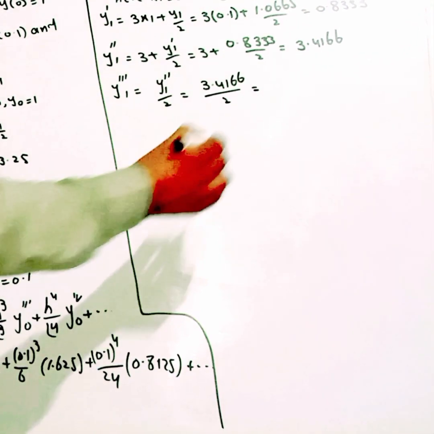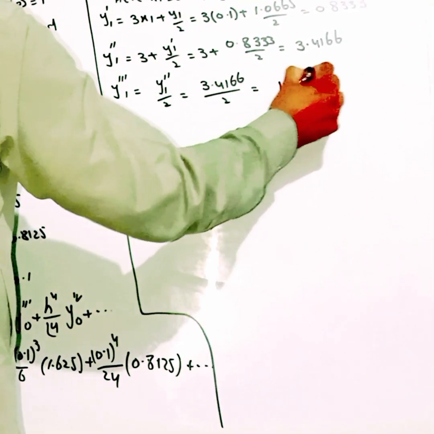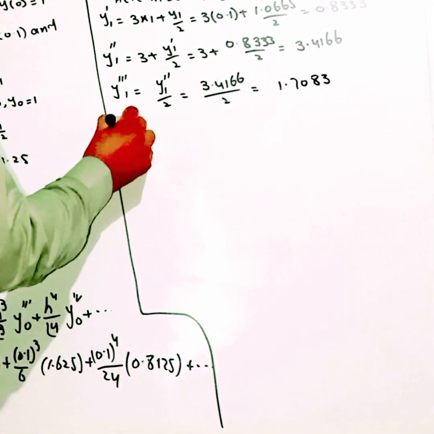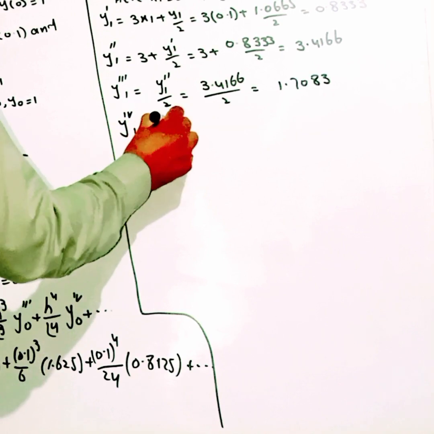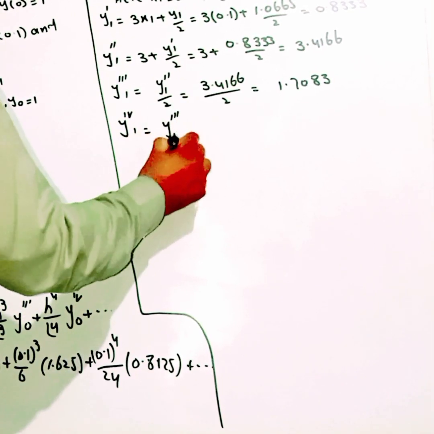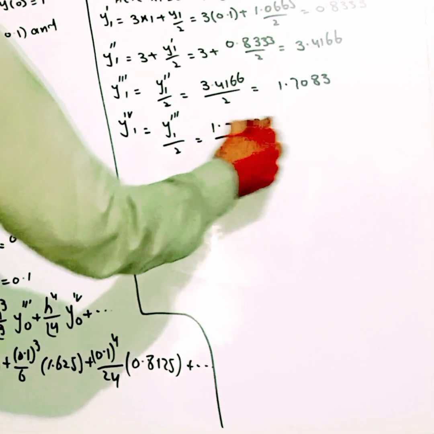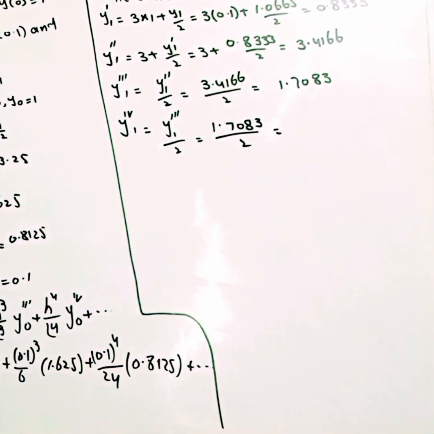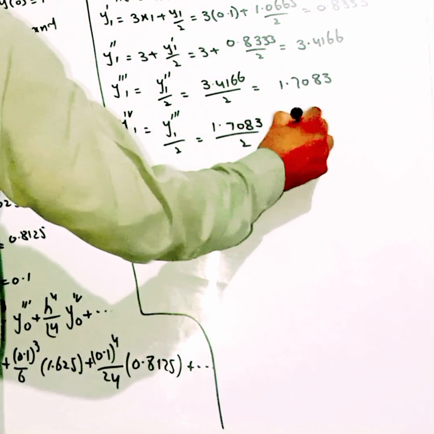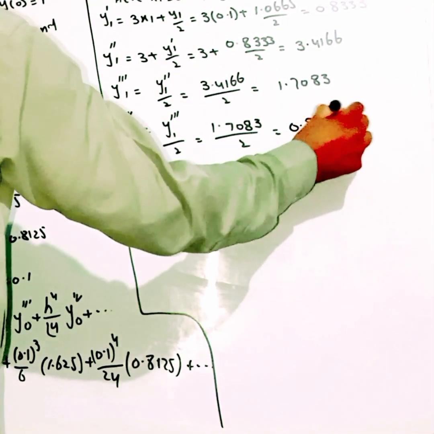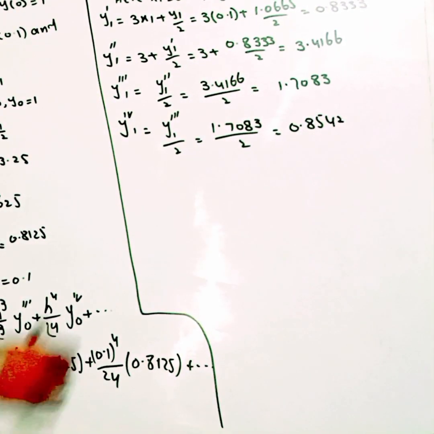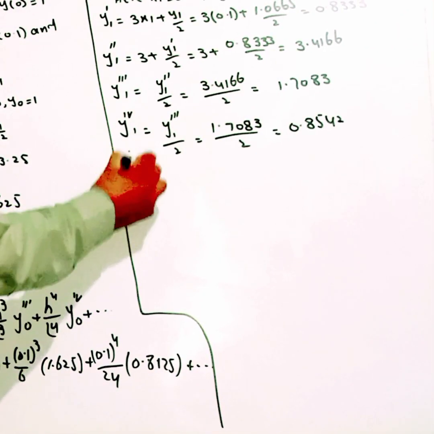It becomes 1.7083. And y fourth derivative 1 is equal to y triple prime 1 over 2, which is equal to 1.7083 over 2. It becomes 0.8542.